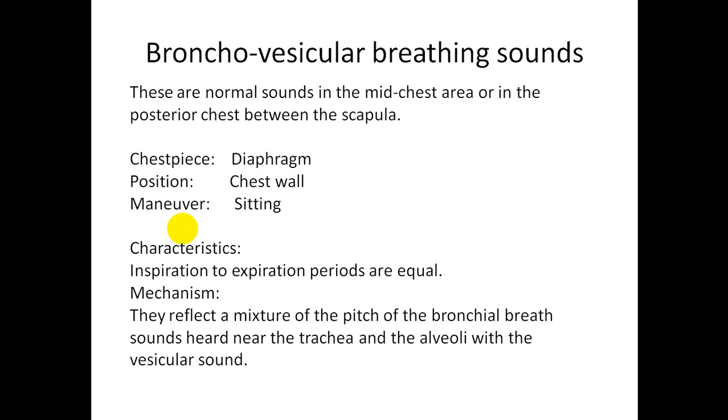Its inspiration to expiration periods are equal. As we said, inspiration to expiration in the vesicular is 3:1, while it is reversed in the bronchial. Here it's equal. Mechanism: they reflect a mixture of the pitch of the bronchial breath sound near the trachea and the vesicular breathing sound from the alveoli. So we can hear the broncho-vesicular breathing sound.